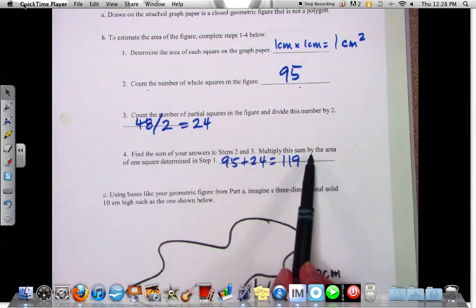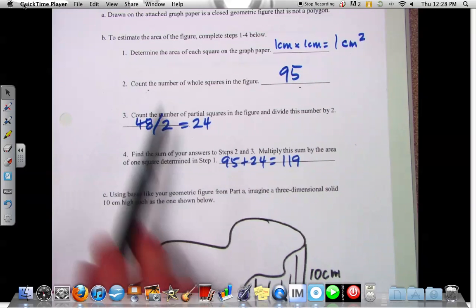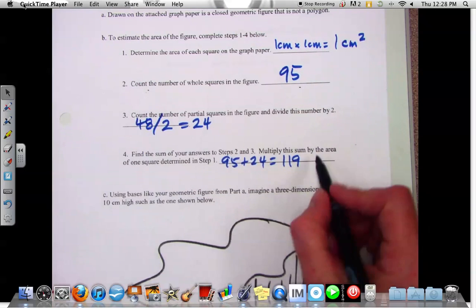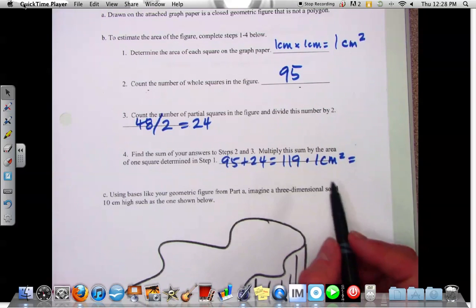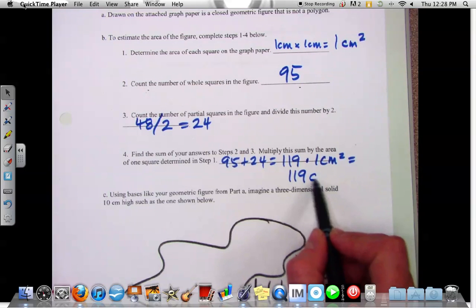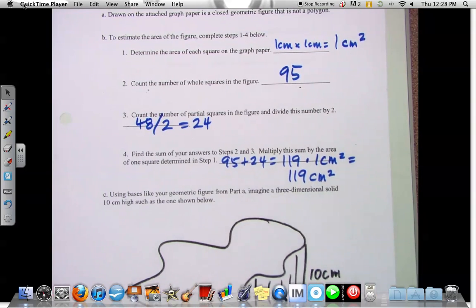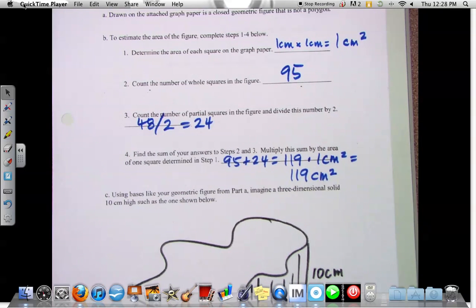Then multiply this sum by the area of one square determined in step 1. So we determined that the area of each square was 1 centimeter squared. So I have a total of 119 centimeters squared. What is this 119 representing when we're finding volume? The base.